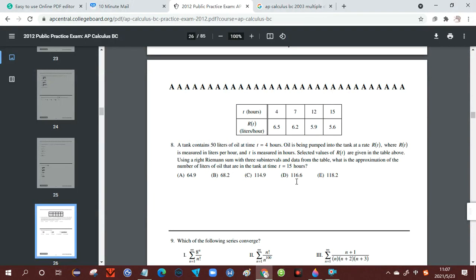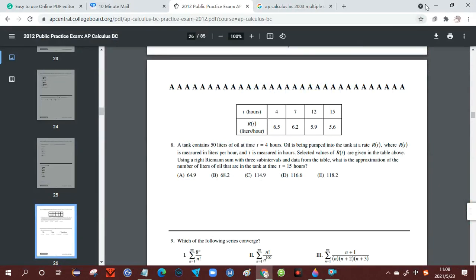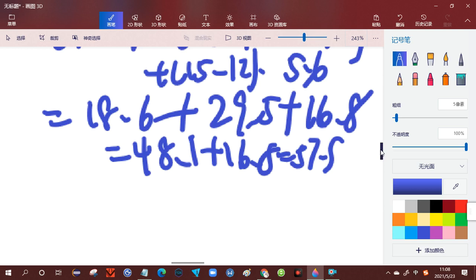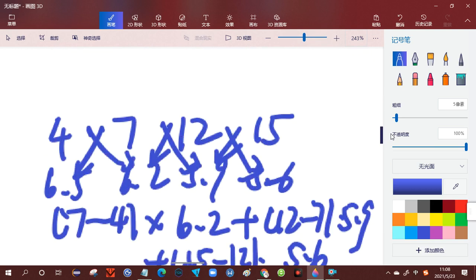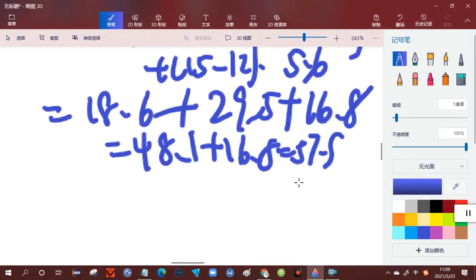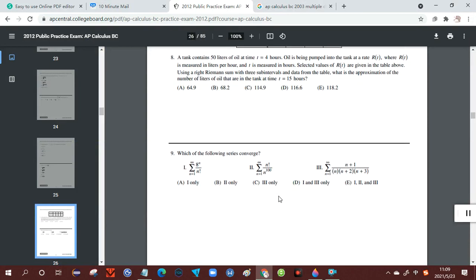The answer is 107.9. So for problem 8, we get that the answer is going to be 107.9, and the closest answer to that is C. Therefore, the answer is going to be C, which is 114.9.